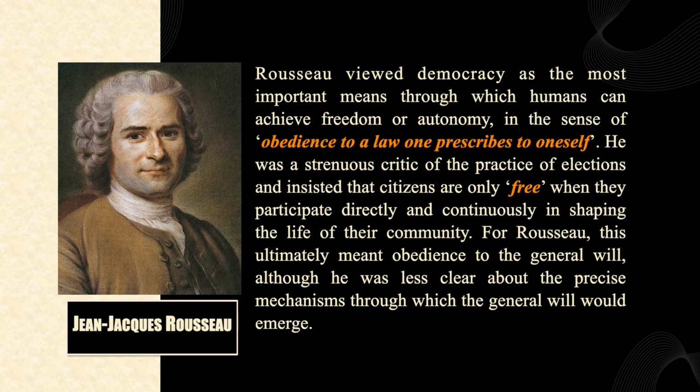He was a strenuous critic of the practice of elections and insisted that citizens are only free when they participate directly and continuously in shaping the life of their community. For Rousseau, this ultimately meant obedience to the general will, although he was less clear about the precise mechanism through which the general will would emerge.